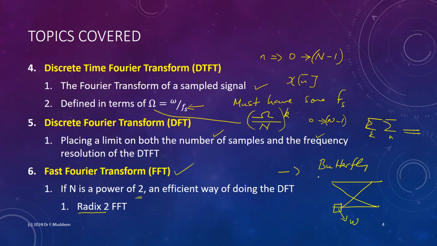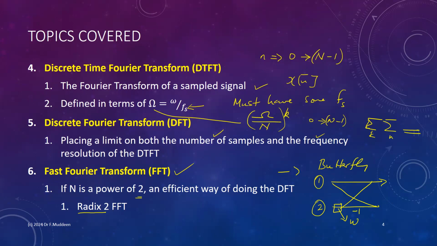So you have one sample, you have the other sample, you multiply one by the twiddle factor and you add it up and you get a value, and then you invert the second one and then you add them up and multiply and add again, and so you go on.